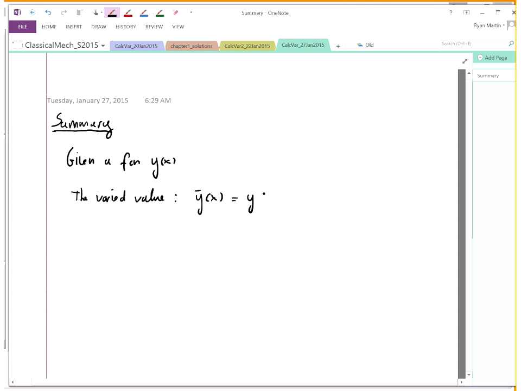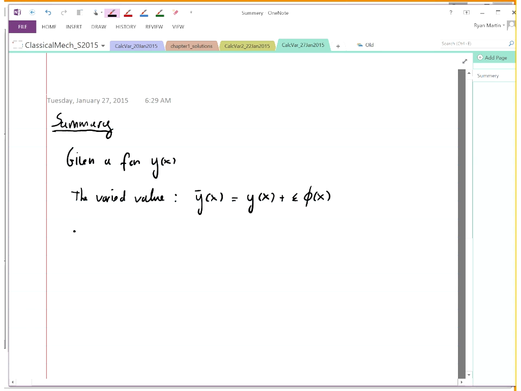That would be the original function plus some small modification, which we can write as some number epsilon that we can let tend to 0, and then some new function phi of x. So y bar of x is truly a different function than y of x.